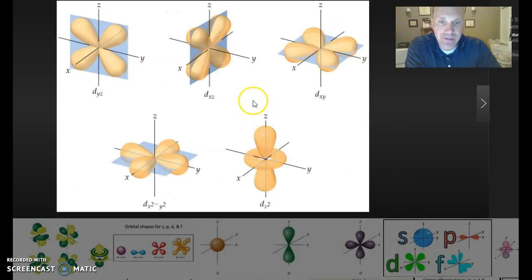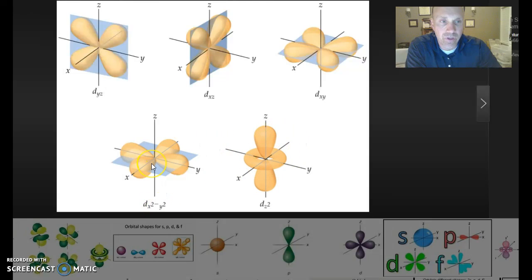But what is described as happening in this theory is that when a ligand comes in and tries to coordinate with the metal atom, it essentially changes the shape of 2 of these orbitals. Those ligands are going to slightly change the shape of this orbital right here, the dx squared minus y squared, and this one right here.